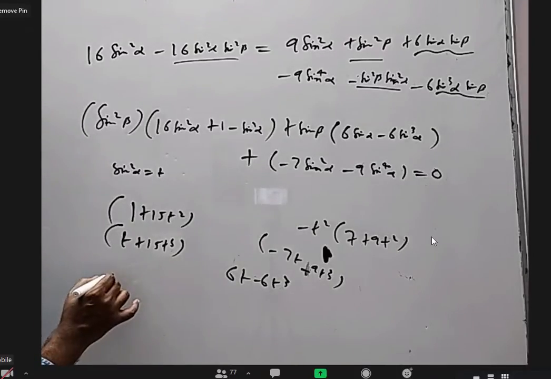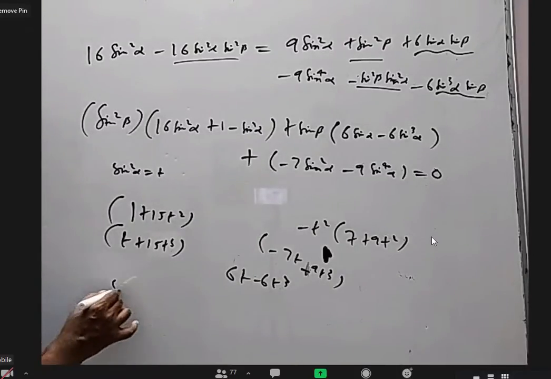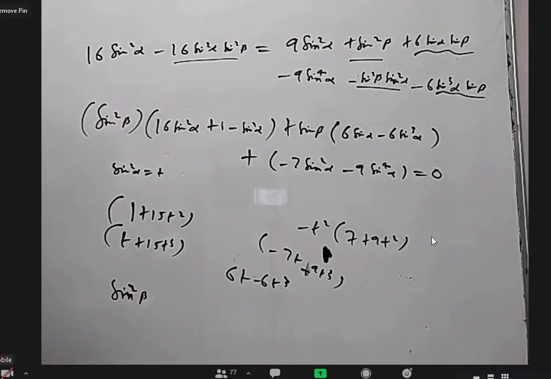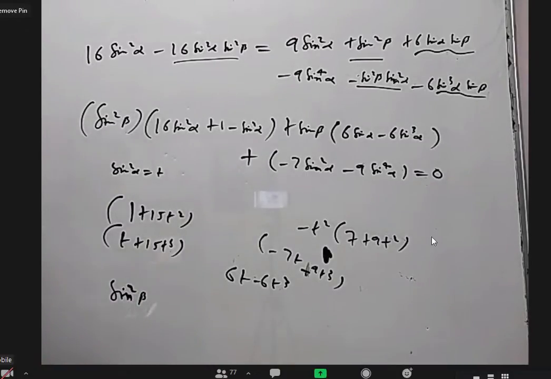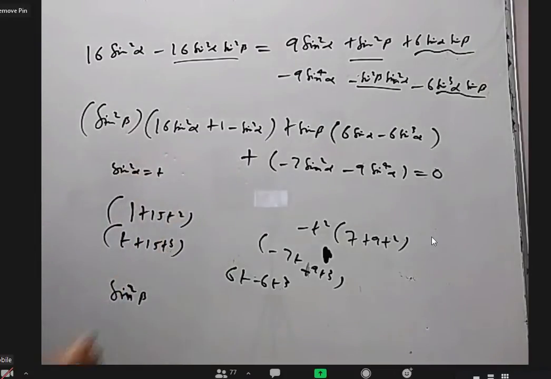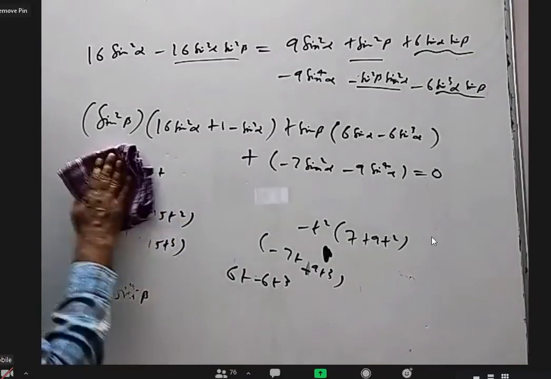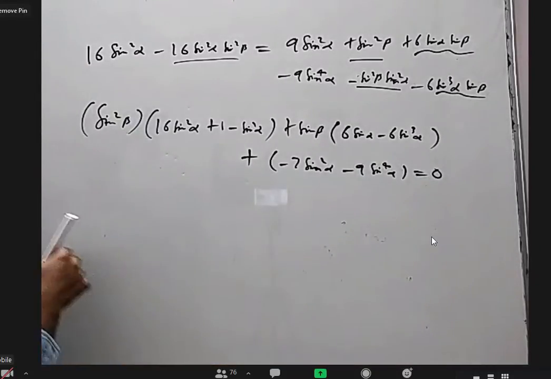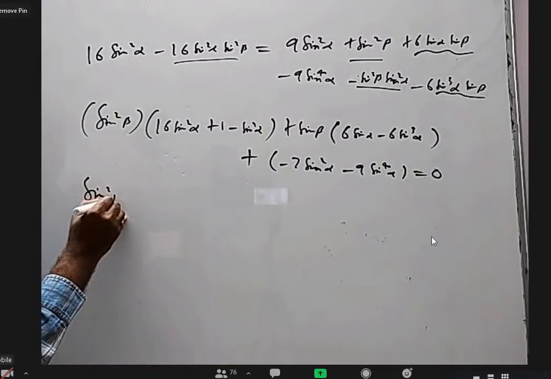So what did I get? Sine square beta is equal to this one, I am writing in terms of these two. So this is sine square beta.